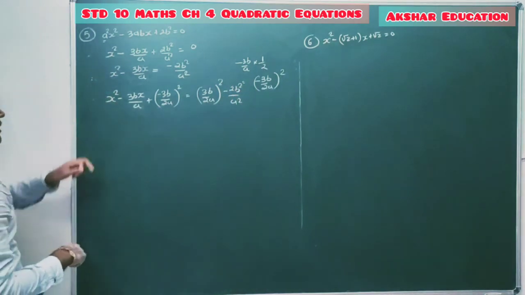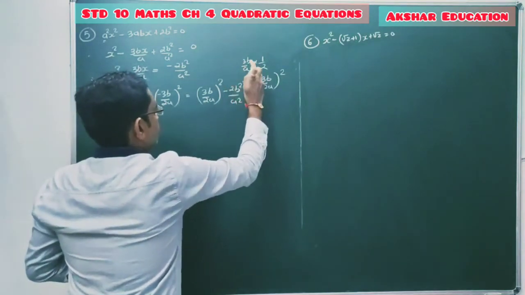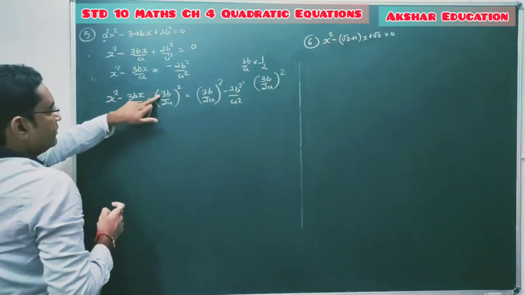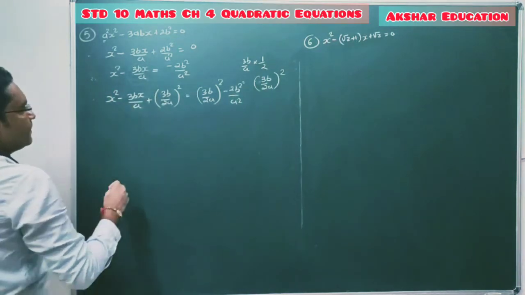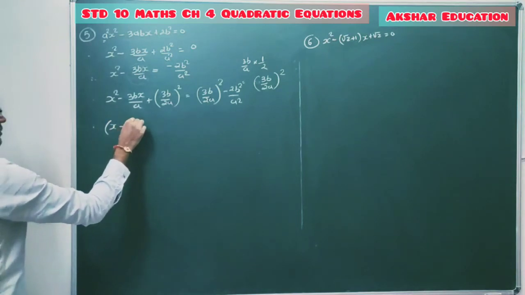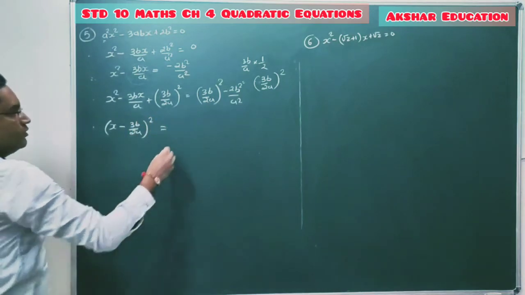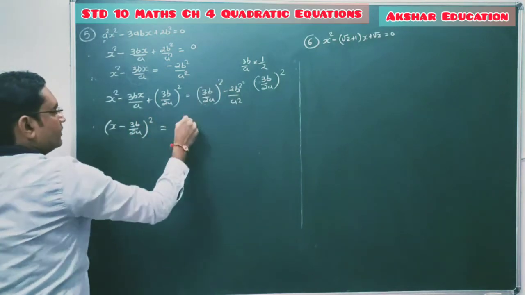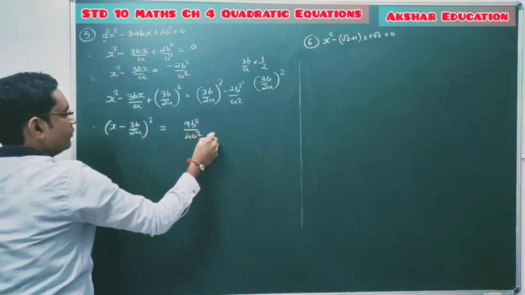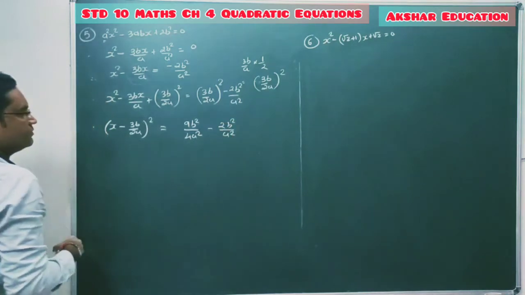Here you have to consider only the coefficient of x without any sign. So neglect this minus sign, because the square is there, so there is no use of the minus sign. So consider only the plus sign. So it will be x minus 3b upon 2a whole square, and this is equal to 3b whole square, so it's 9b square upon 4a square, minus 2b square upon a square.